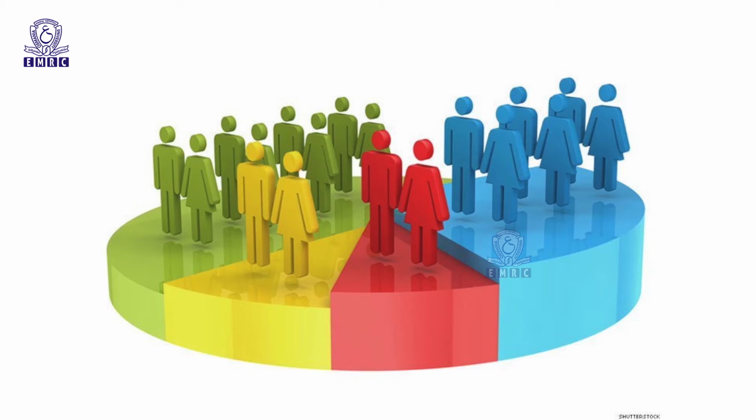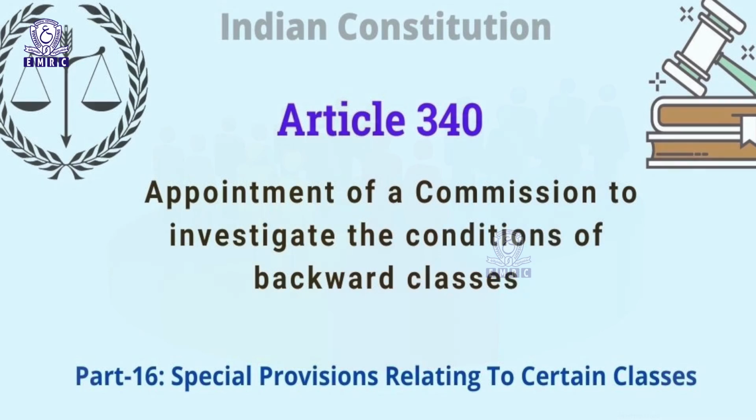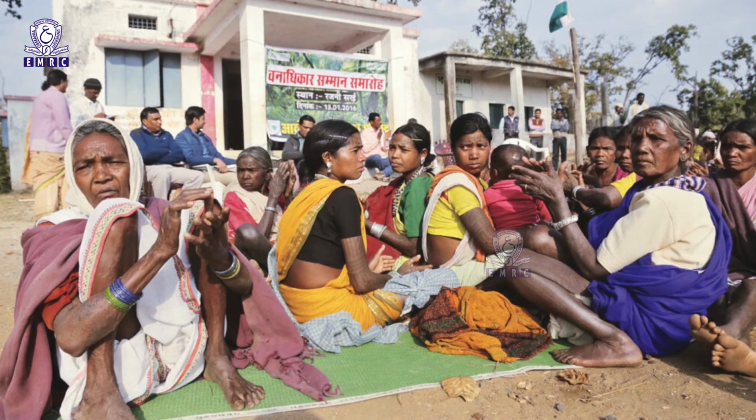Constitutional mandate: the Constitution of India also favors conducting a caste census. Article 340 mandates the appointment of a commission to investigate the conditions of socially and educationally backward classes and make recommendations as to the steps that should be taken by the governments.